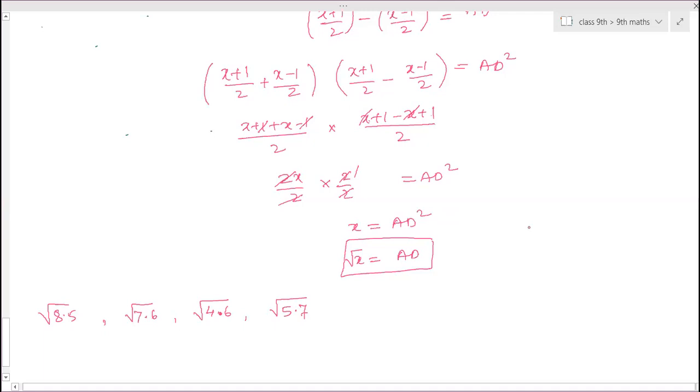By which method? The last one. Decimal numbers can be done only by the last method. You cannot solve decimal numbers by the spiral method. Ma'am, should we also write the justification? Not needed.